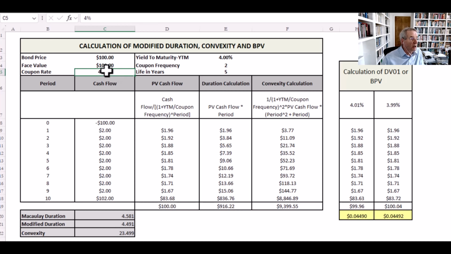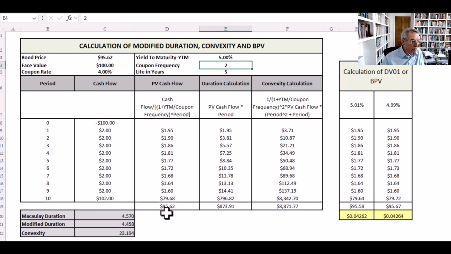So let me then put the number 5% in there. And as can be seen, the price would go down. The yield has gone up by 1%. The price goes to 95.62.